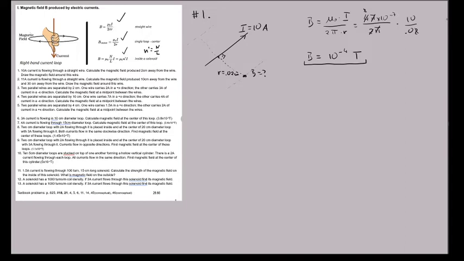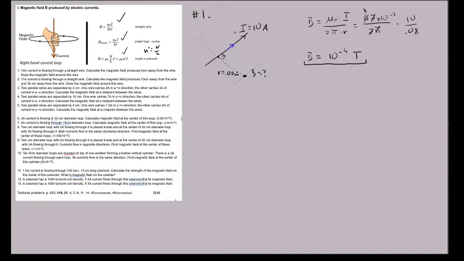Now let's finish the problem, because it also says here to draw the magnetic field around the wire. So let's do that. If the current flows in this direction, this is the direction of the current, take the thumb of your right hand and align it, make it point in the same direction, and then curl the fingers of your hand, and you will see that the magnetic field points like this.